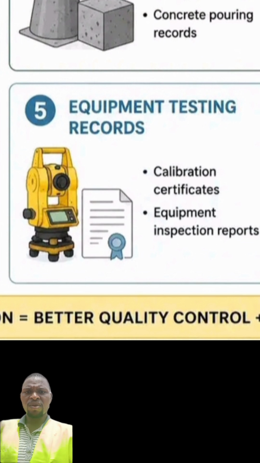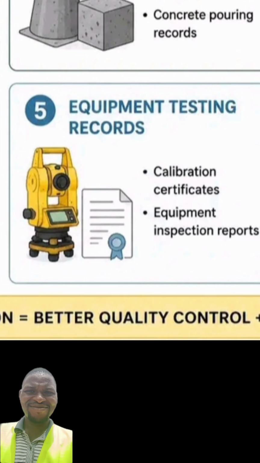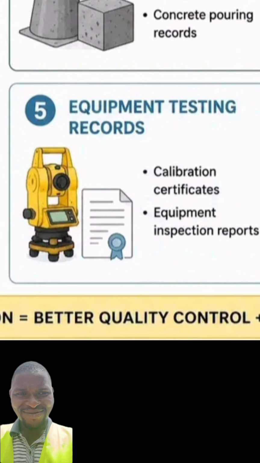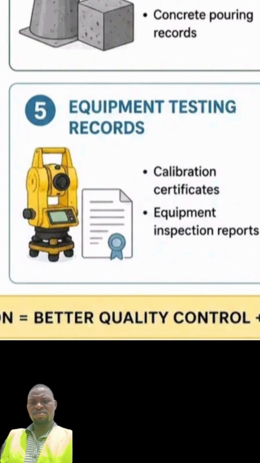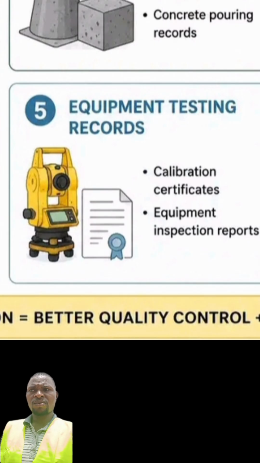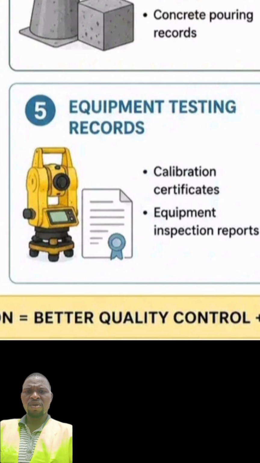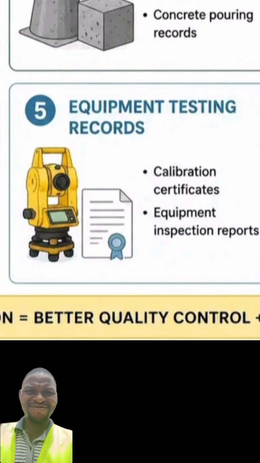After you've done your inspection on the equipment, you issue a statement with a report. You understand? If it is not adequate, it will be stated in your report that it is not adequate. But if the equipment is in good condition, then you also state in your report that the equipment is in good condition and can be used.